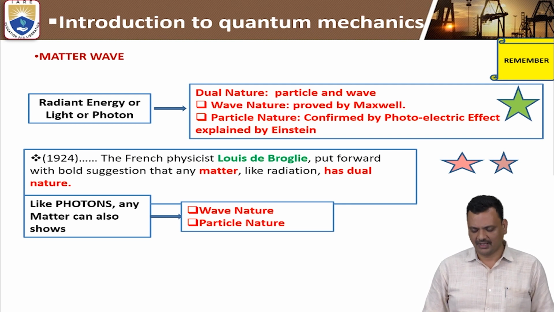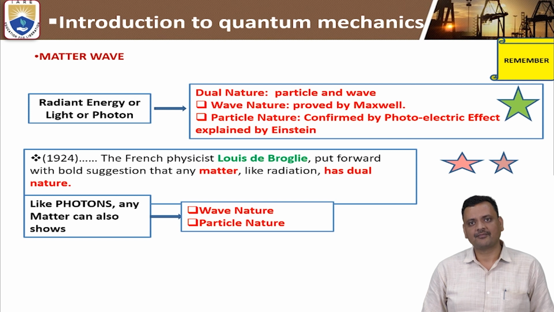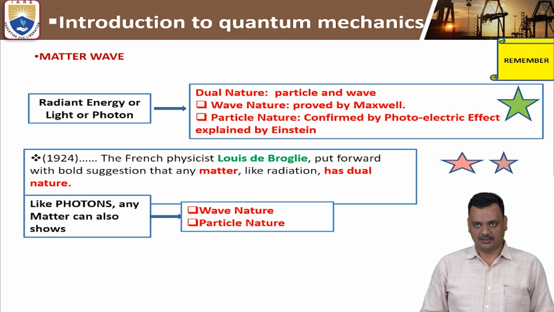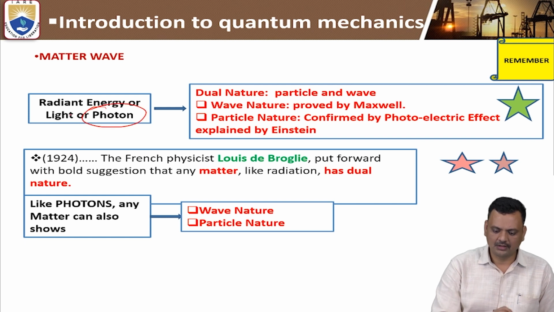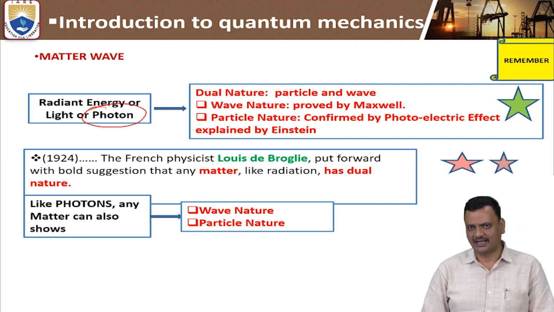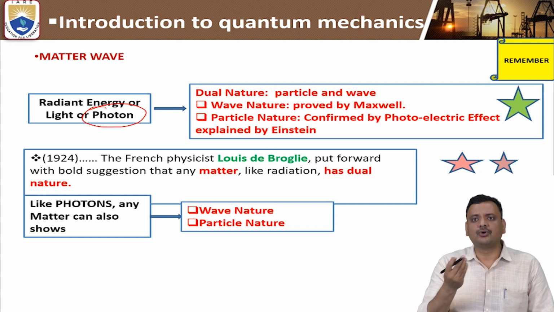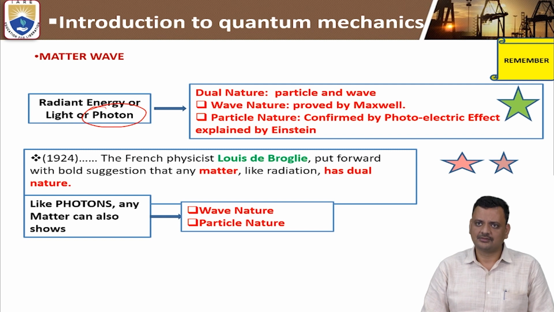Before the matter wave, first it was proven by Einstein and Maxwell that radiant energy, or light, or photon has a dual nature. Photon or any kind of radiant energy, electromagnetic energy, will show dual characteristics, means particle and wave. How?